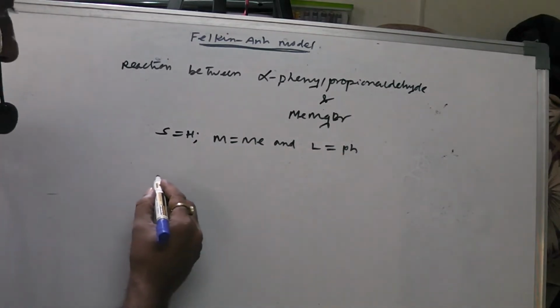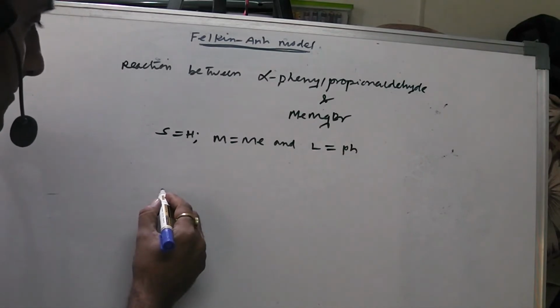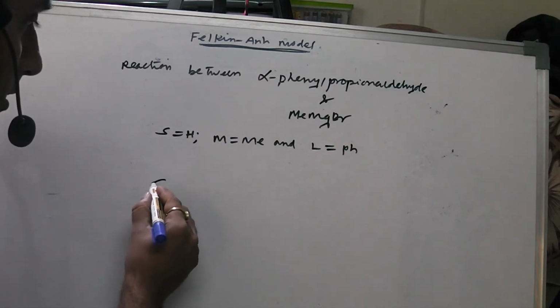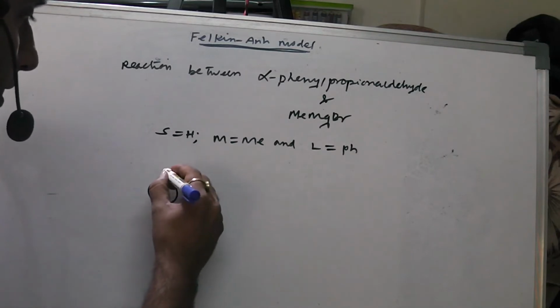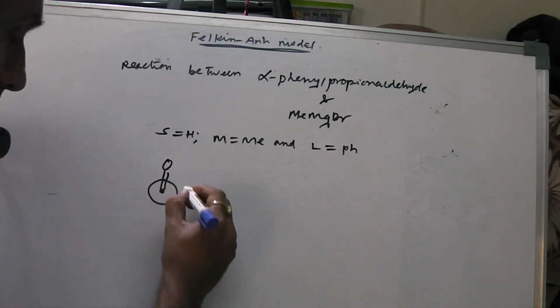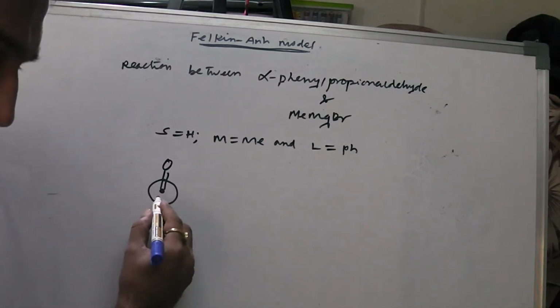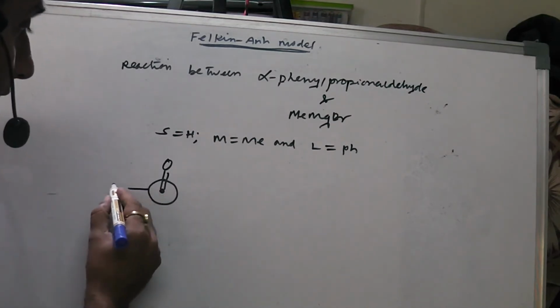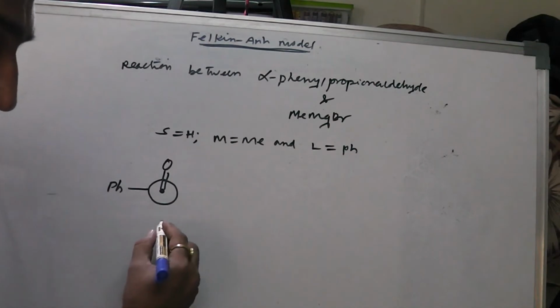So the structure can be represented as C double bond O, with the large group represented as Ph.